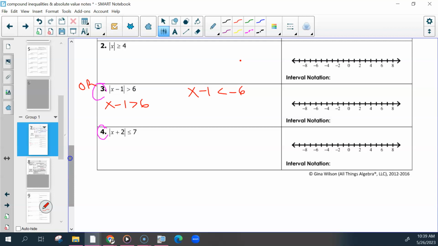Then we're going to solve both, add 1 to both sides. So we have x is greater than 7, and x is less than negative 5.